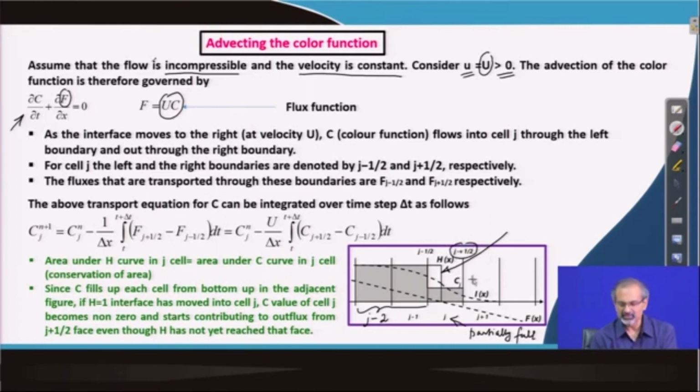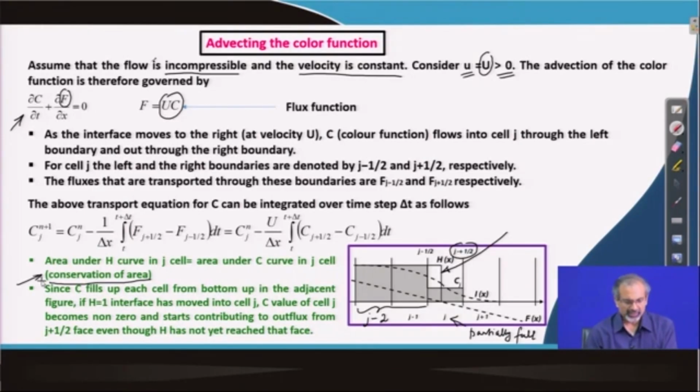When that happens, H covers that entire cell, and in order to conserve the area under both the H and the C curves, C also has to fill up the entire cell. In that case, the gray region will completely reach the top of the cell j.